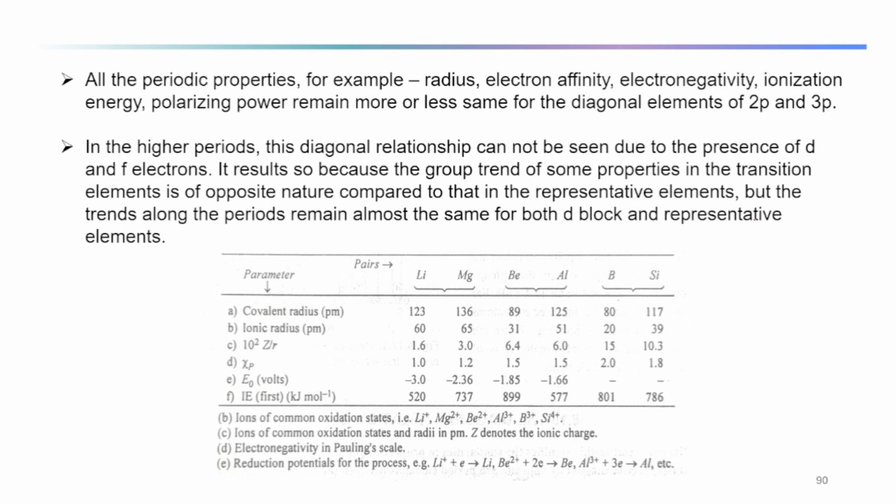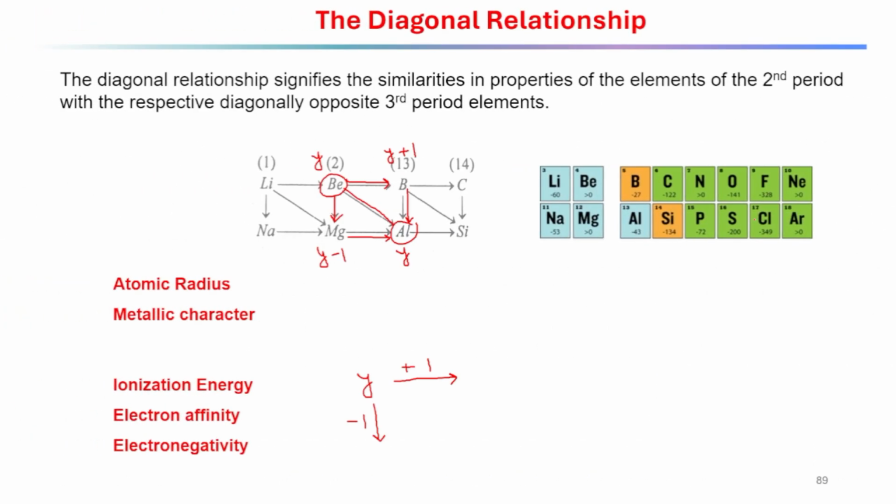So if we go to the higher atoms, this diagonal relationship does not work. What happens here is that we were considering that if we go from left to right, it will increase by plus 1, and if we go from top to down, it will decrease by minus 1, right? This is valid in case of 2p and 3p. But after that, when we have d and f electrons, this trend is not valid, because there are some properties in the d block elements that show the opposite trend.